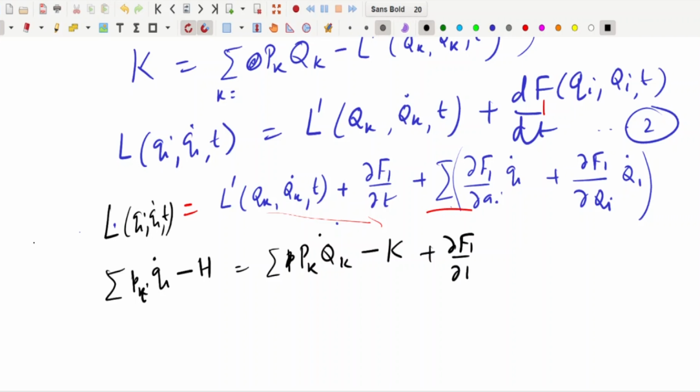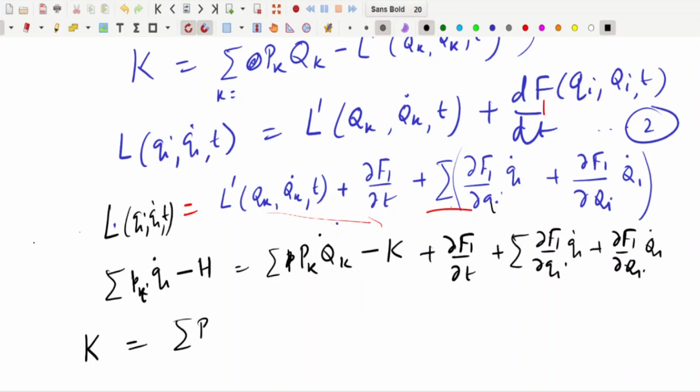So del f1 del t plus the sum over del f1 del q_i q_i dot plus del f1 del Q_i dot. Okay, that is fine, and what I want is to write this K here. So the new Hamiltonian K on the left side will come with a plus sign.